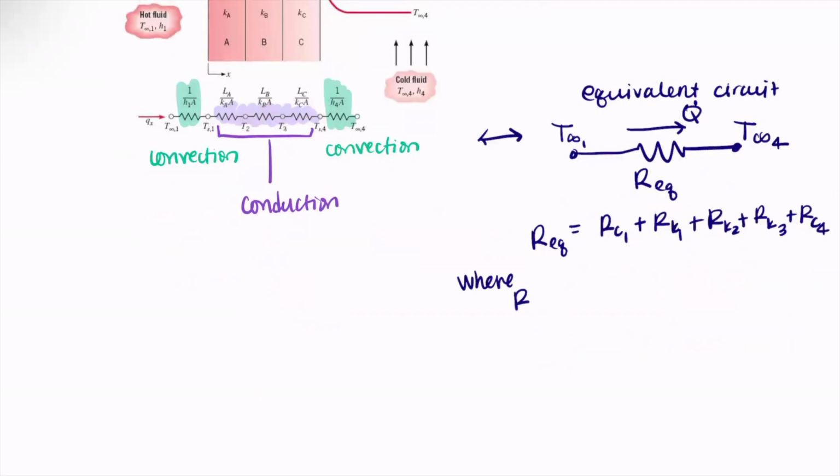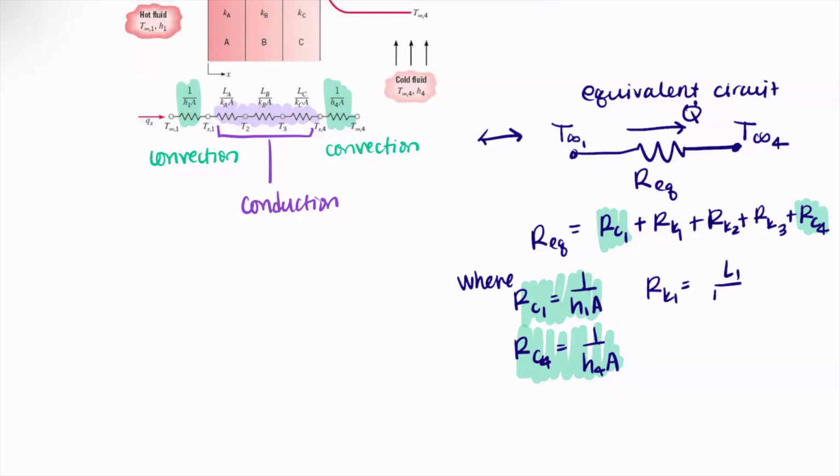So we have RC1 is 1 over H1A, and RC4 is 1 over H4A. So these are our convection terms. They show up here and here. And then our conduction terms are RK1, which is L1 over K1A.